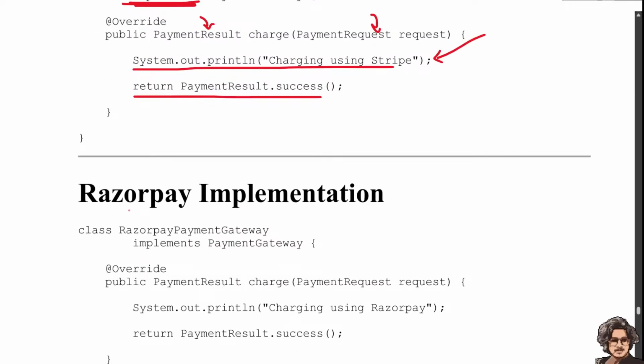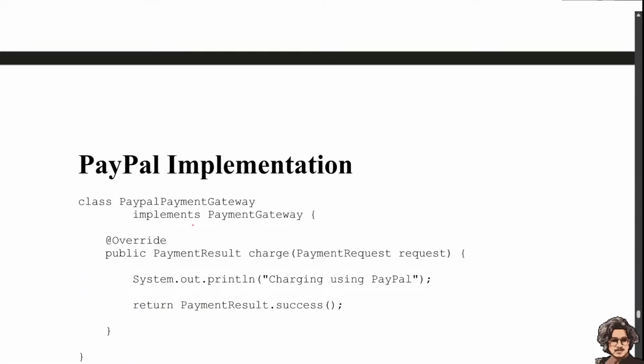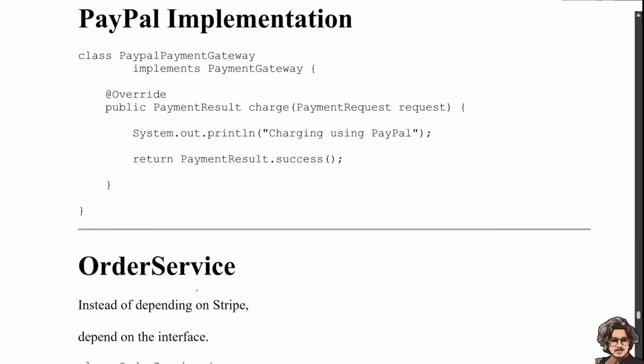And if we want a Razorpay implementation, we write class Razorpay implements PaymentGateway, override that method, and return this logic. Again for PayPal, implement this PaymentGateway, override that method, and return the result.